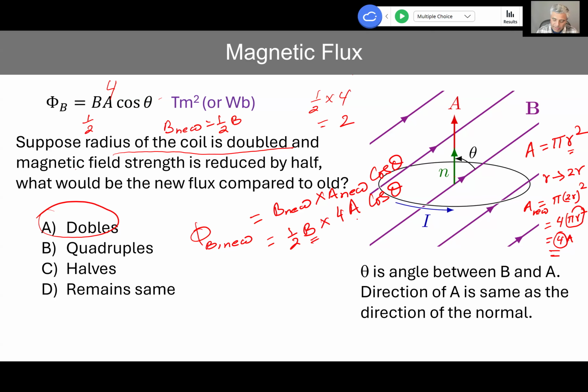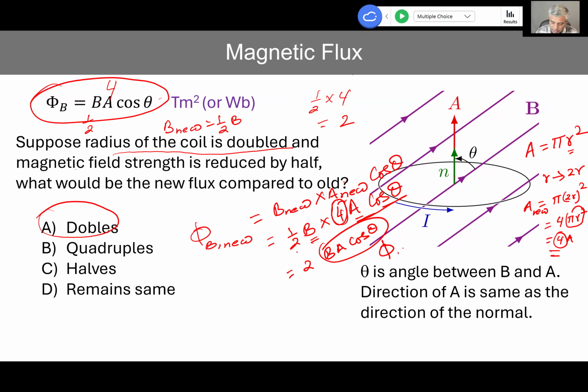So you see we have BA cosine theta, but now we have a factor of 4 because of the area and a factor of half because of the field being halved. We have that 2, and then BA cosine theta, and this BA cosine theta is our good old flux. So that's why new is 2 times the old one.